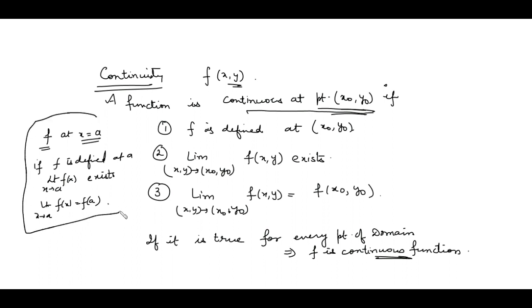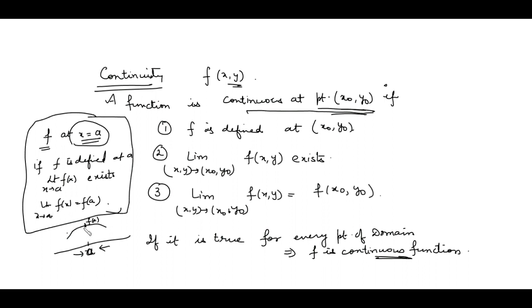If this holds, you will say your function is continuous in case of a single variable. Basically what does it mean? It means whenever you are approaching the point from the left side or from the right hand side, the limit of the function exists and it approaches f of a, right?